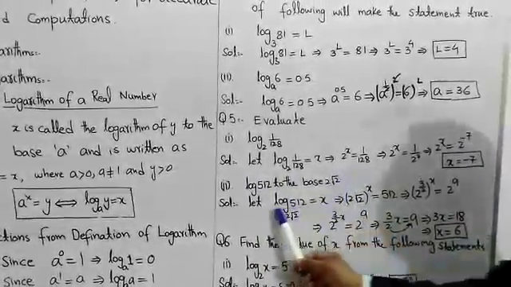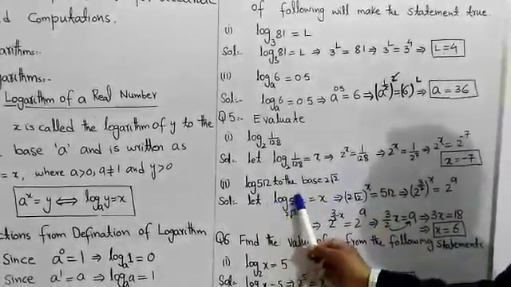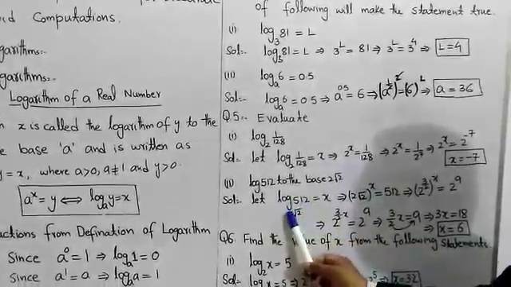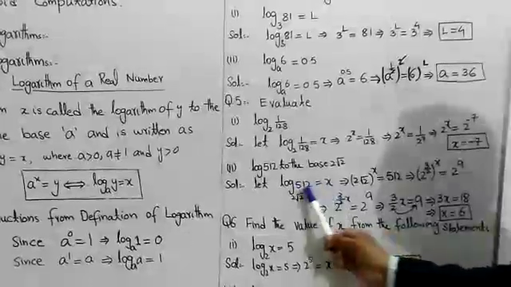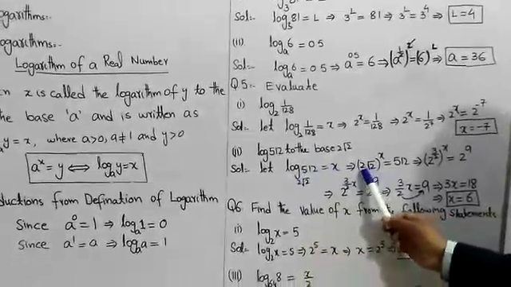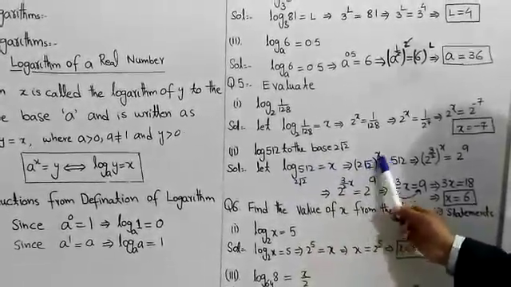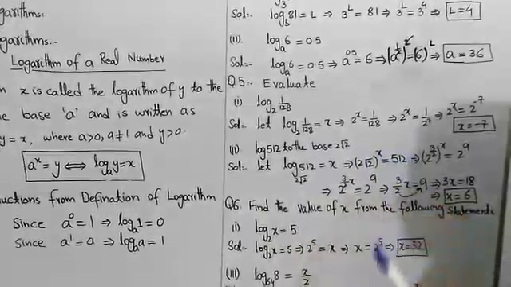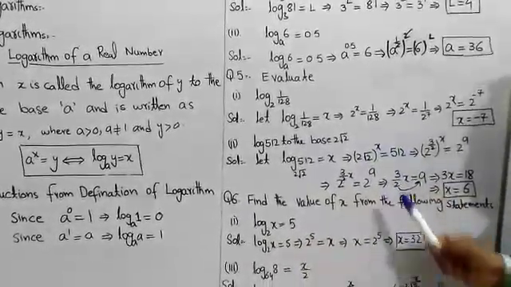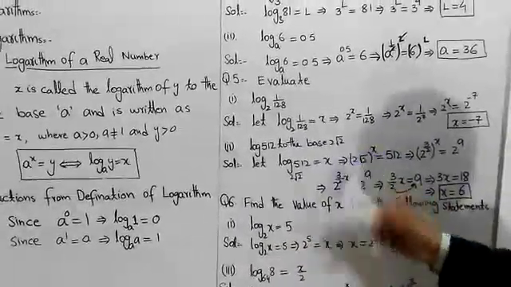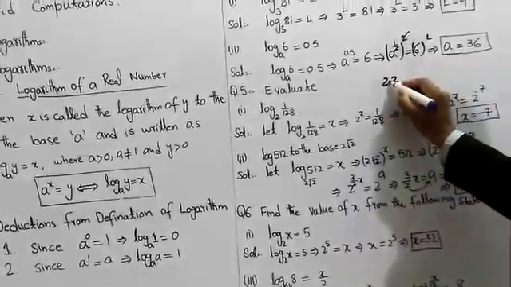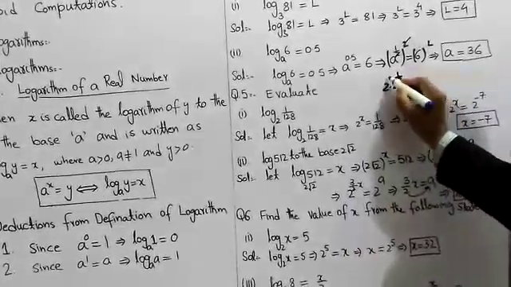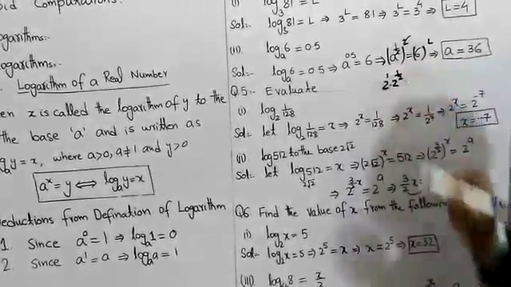Part 2. Evaluate log of 512 to the base 2 square root of 2. So let x is equal to log of 512 to the base 2 square root of 2. By using exponential form, this can be written as 2 square root of 2 raised to power x is equal to 512. Now 2 square root of 2 means 2 raised to power 1 by 2 times 2 raised to power 1.